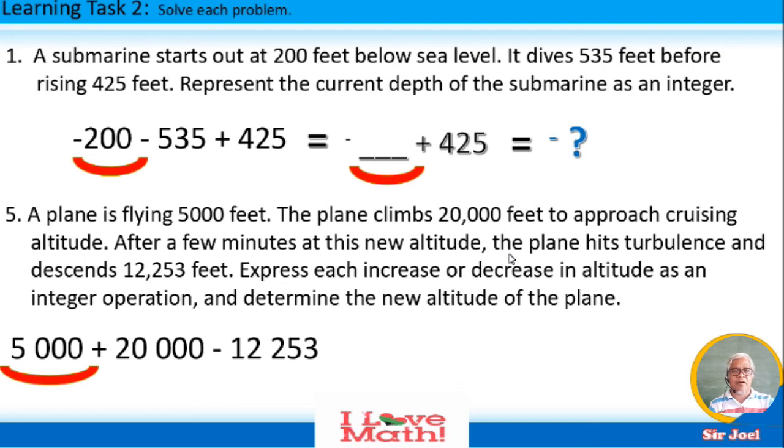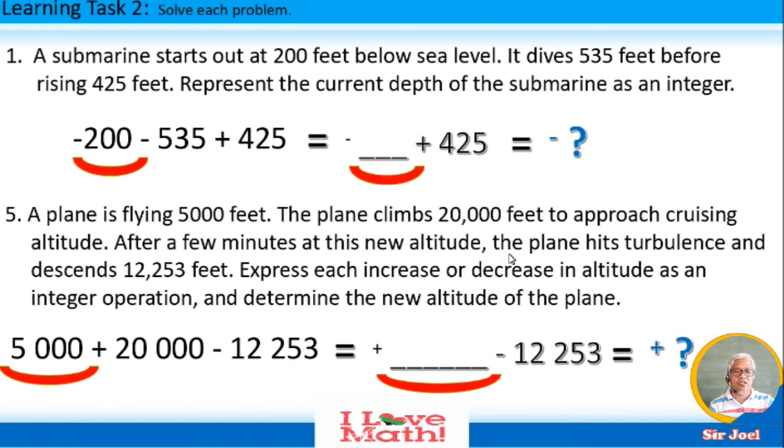And then from here, minus 12,253. Look at the given signs. Positive, negative. Okay? So, in this problem, expected na ang inyong magiging kasagutan is positive integer or positive number. So, ito yung ating learning task number 2. Okay?